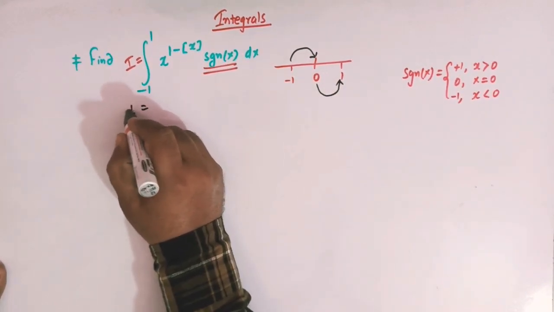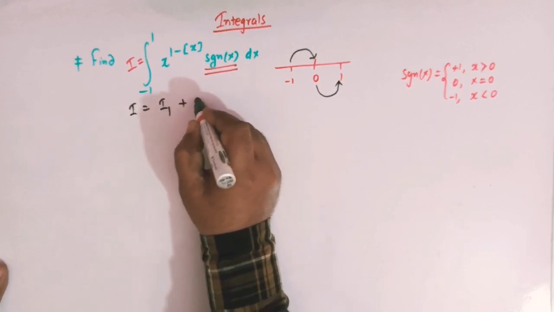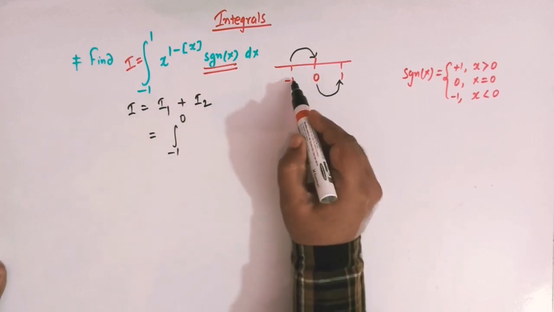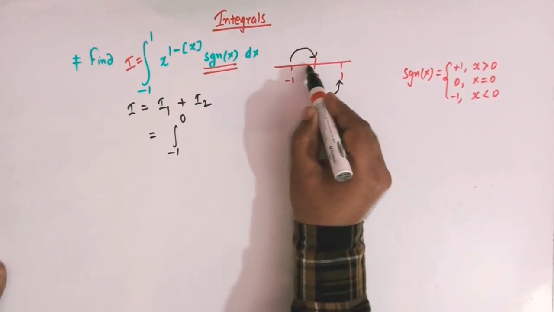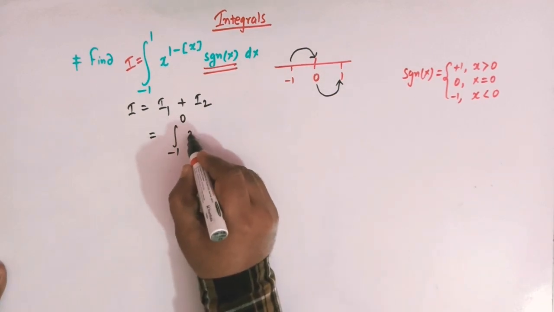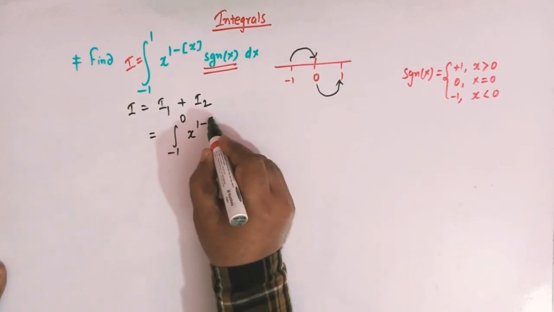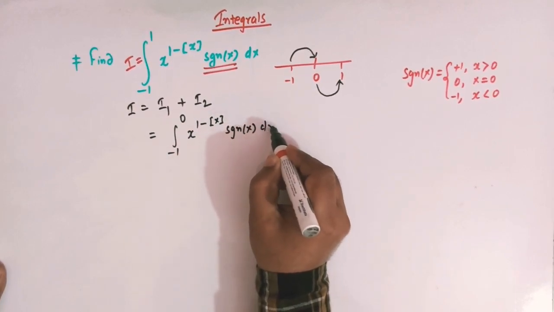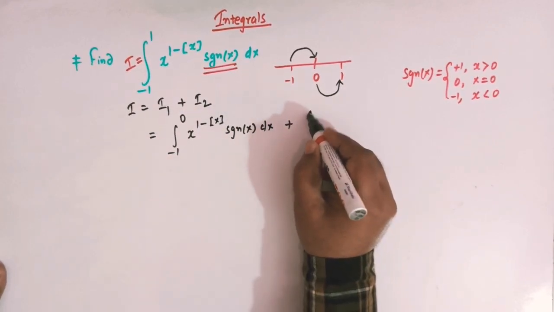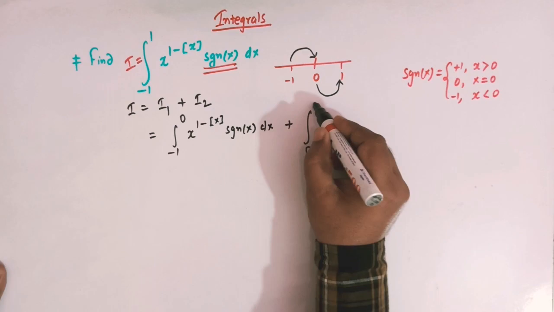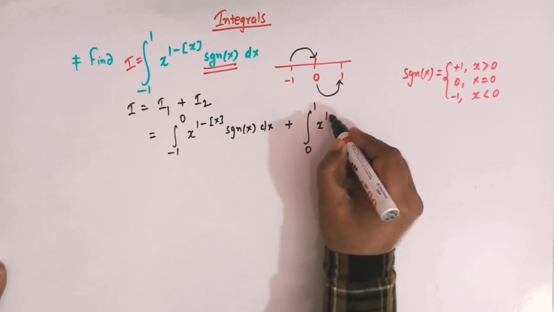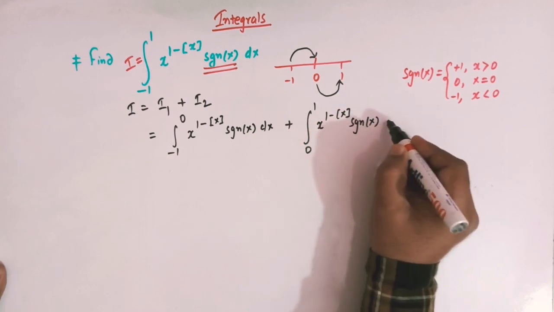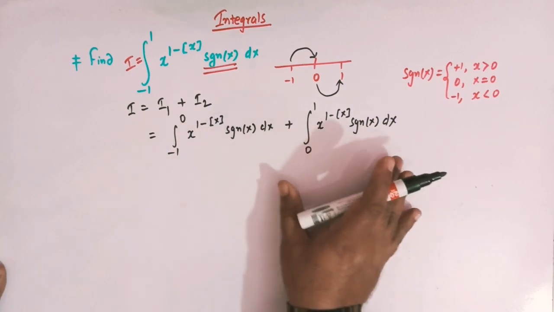We write it as I1 plus I2, where I1 is from -1 to 0 of x raised to 1 minus greatest integer of x, times signum of x dx, and I2 is from 0 to 1 of x raised to 1 minus greatest integer of x, times signum of x. So now we have two integrals.